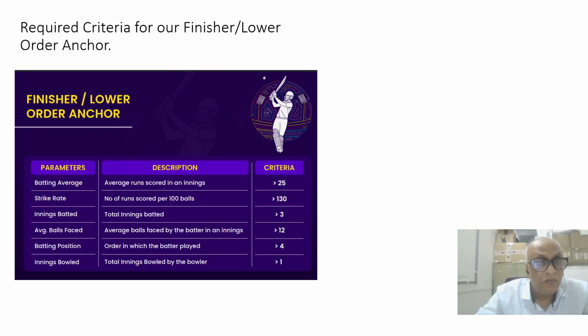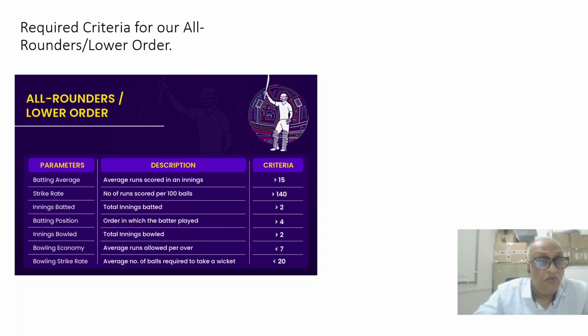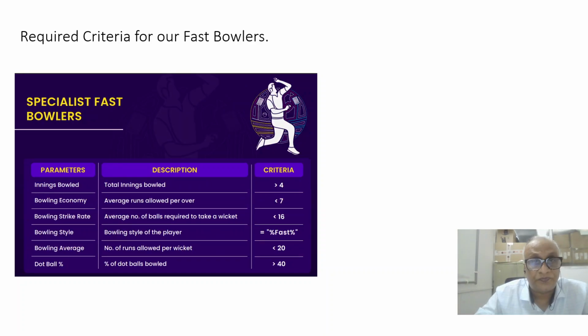While for lower order batsmen or finishers, batting average, strike rate, these may be the major criteria, along with the innings batted, average balls faced, batting position, innings bowled, and so on and so forth. For all-rounders who are low order batsmen, again the strike rate is very important, along with other aspects like batting average and the bowling strike rate, they being the all-rounders.